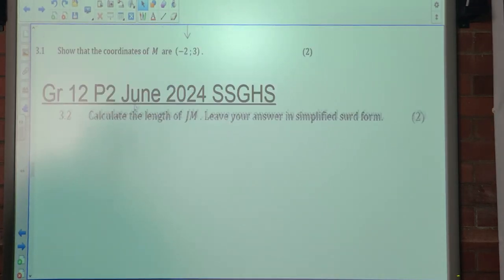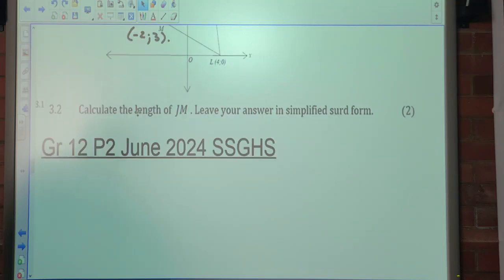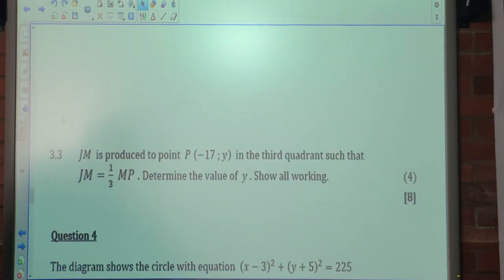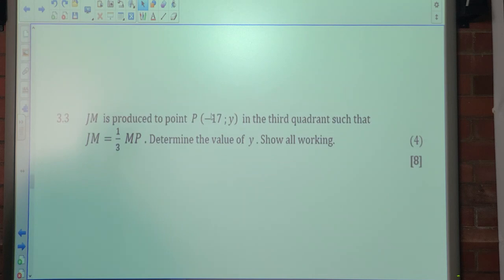Here we are told to calculate the length of JM.